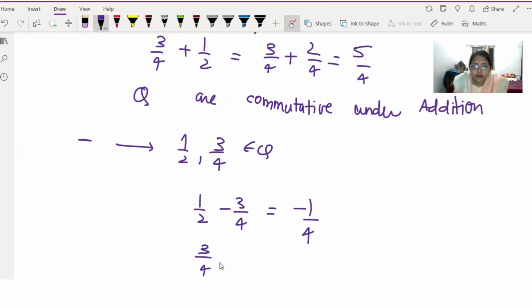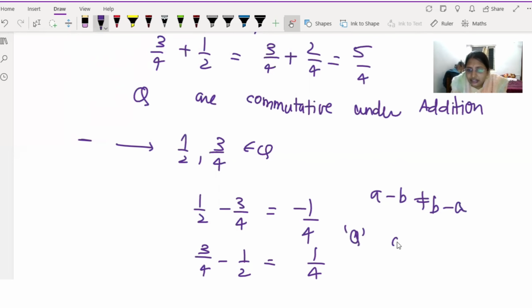If I do 3 by 4 minus 1 by 2, it will be 2 by 4, and I will obtain 1 by 4. Is minus 1 by 4 same as 1 by 4? No, no. So a minus b is not equal to b minus a. So rational numbers are not commutative under subtraction.